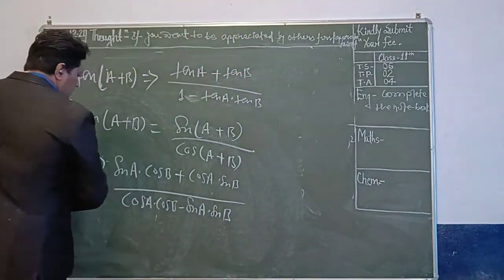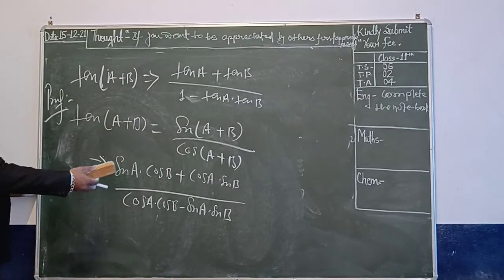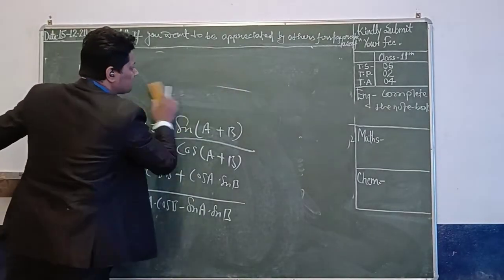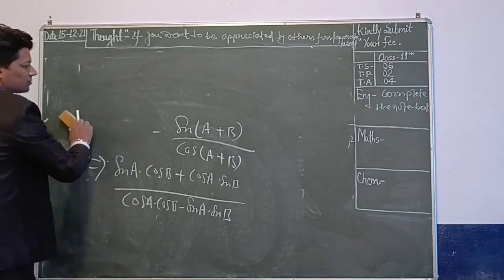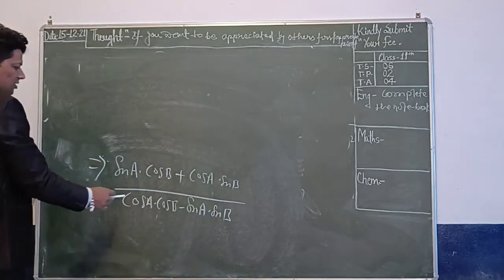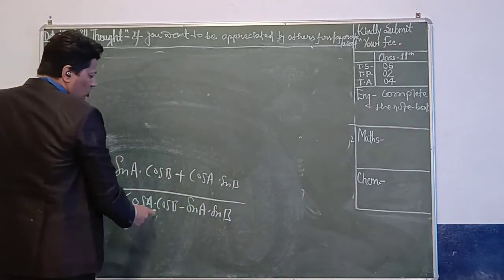Is it clear? Now what do we have to do? We need to divide the numerator and denominator by cos A into cos B.